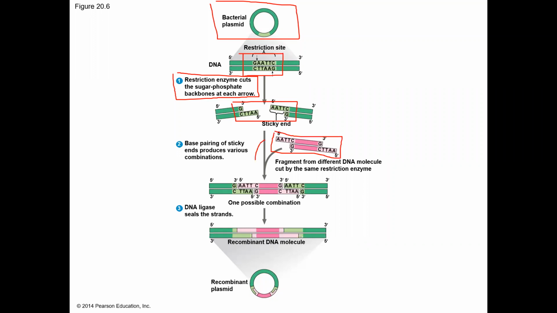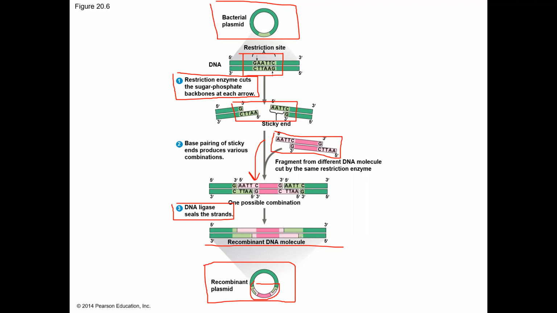It then can fall into place. And then you use DNA ligase to come along, and now you have a solid piece of DNA again. And what you've ended up with is a plasmid that has been cut open and now contains your gene of interest in it. And I hate to say it's that easy, but it really is that easy.